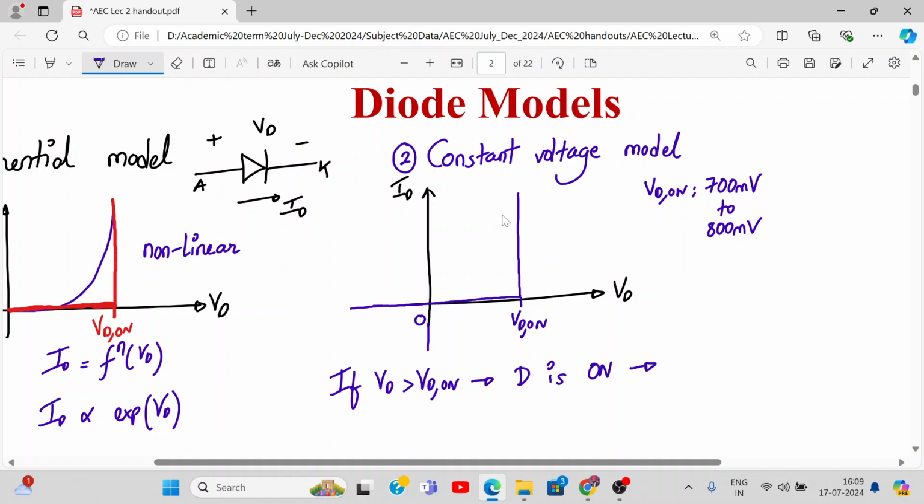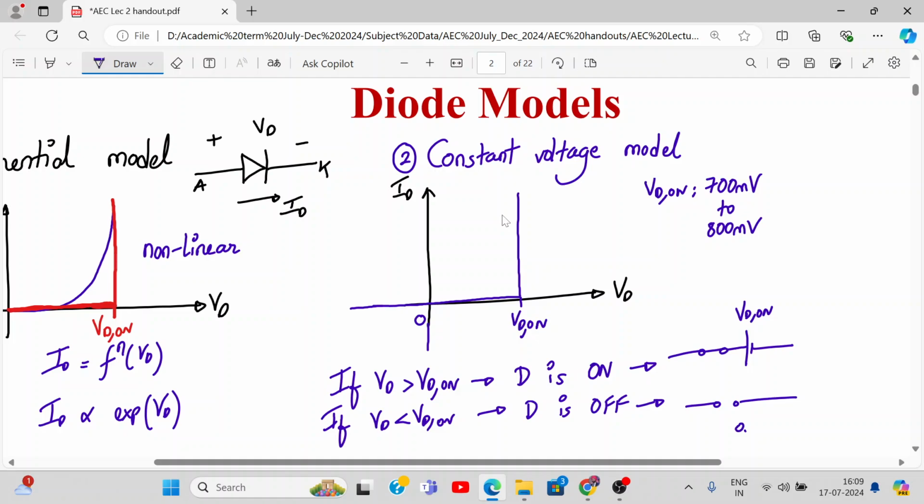And when it is on, it is replaced with a short circuit and a battery of how much value? VD on. Okay. And if applied voltage VD was less than VD on, then what will happen? The diode is off and it is replaced with an open circuit. This is a short circuit. SC stands for short circuit. I am writing in short form, and OC stands for open circuit.